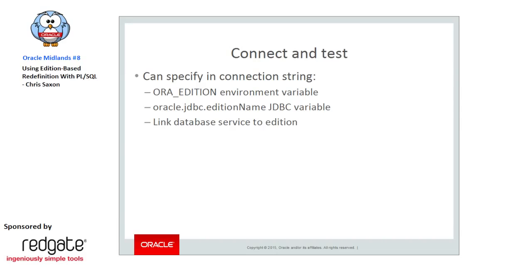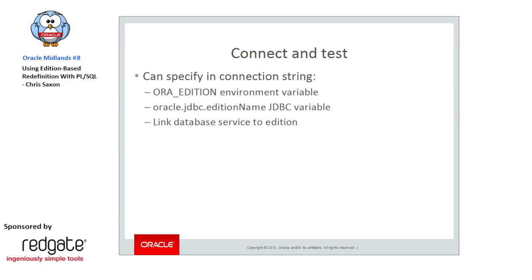Another very useful thing is this JDBC edition name property. This is something we used extensively at 5e. They had a way to inject via property files into their application, so we could deploy the new version of the application into some VMs which weren't exposed to the public, release the edition into the database, and we could do some testing in private, and they could connect through that.